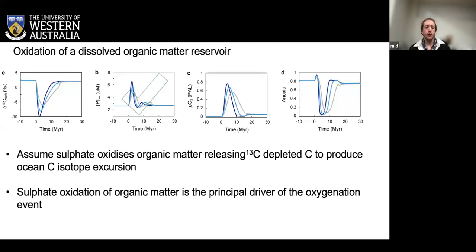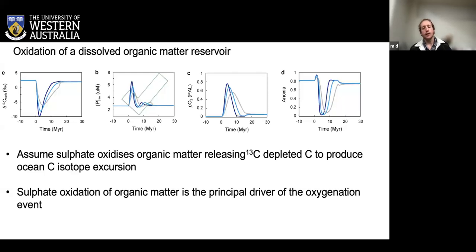Now, the real important thing here is panel B, which is the ocean phosphorus concentration. So what you can see here is at the start of the carbon isotope excursion, we get this large peak in the ocean phosphorus reservoir. And this is coming from a large influx of phosphorus into the oceans as a result of enhanced weathering.